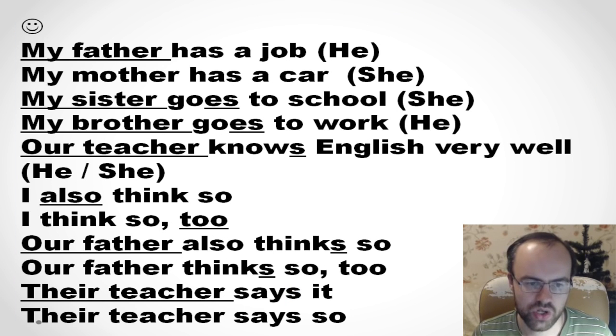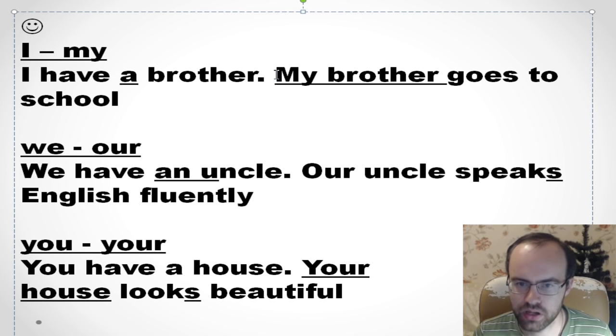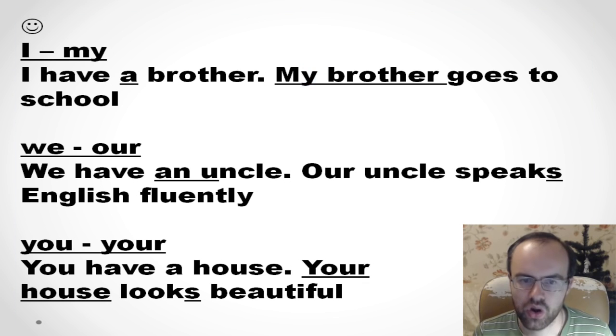Good. So we say I, and my. I have a brother. My brother goes to school. Okay? Our. We have an uncle. Our uncle speaks English fluently. You have a house.